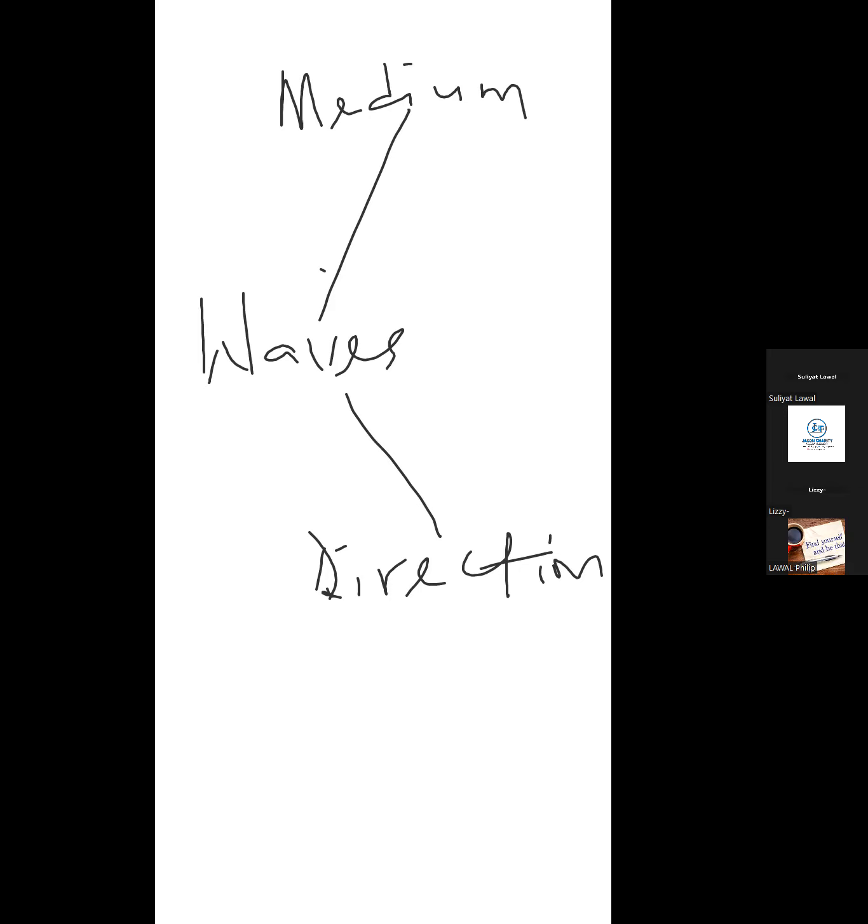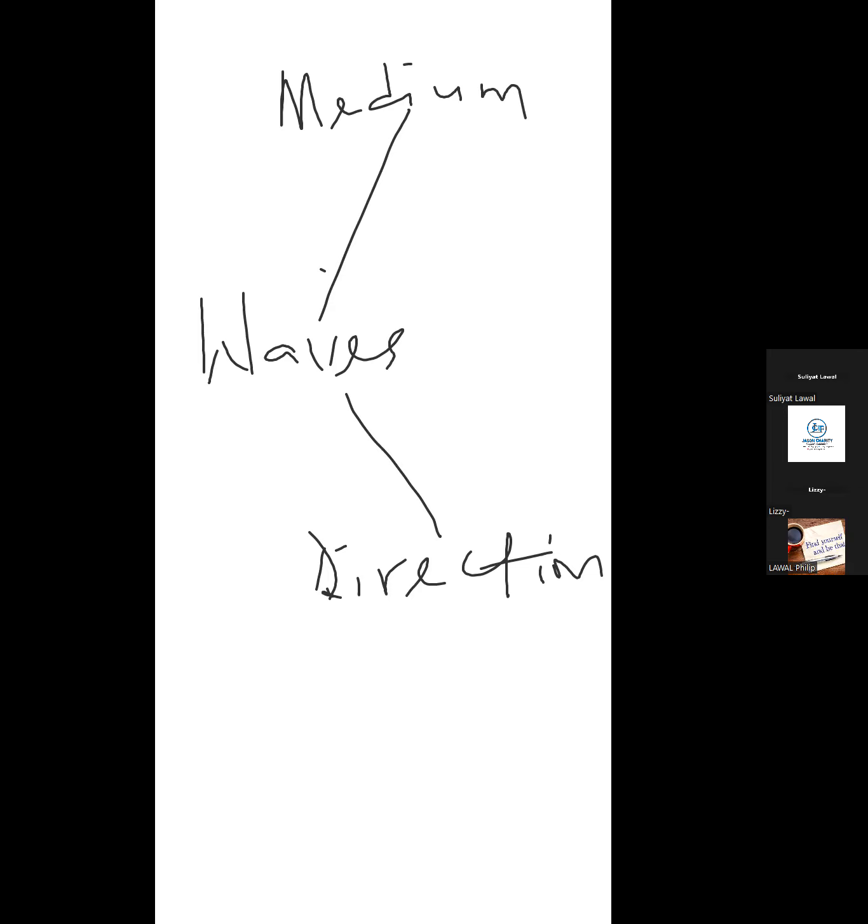But if a wave does not require a material medium for its transfer, we call it an electromagnetic wave. A wave that requires a material medium for its transfer is called a mechanical wave. A wave that does not require a material medium is called an electromagnetic wave.